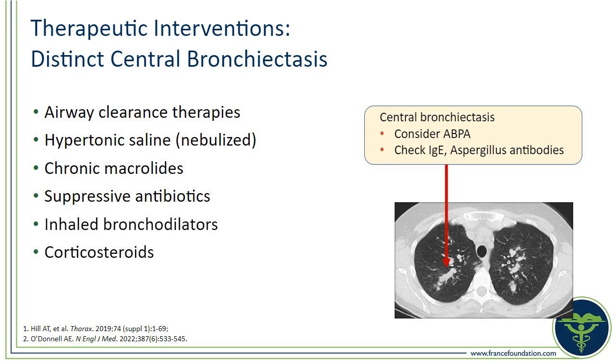Particularly when we're targeting treatment for these patients who have ABPA or potential overlap syndromes, including asthma and COPD, we may look at using therapeutics such as inhaled bronchodilators and corticosteroids. And this can be in the form of inhaled corticosteroids, which are common medications used in pulmonary practice.